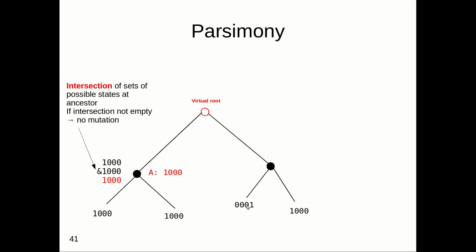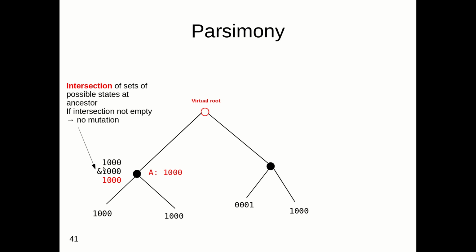So now, those bit vectors represent a set representation of the possible nucleotide states. So what we do at an inner node is that we compute the intersection of the sets of possible states at the ancestor, and if this intersection is not empty, there is no mutation.